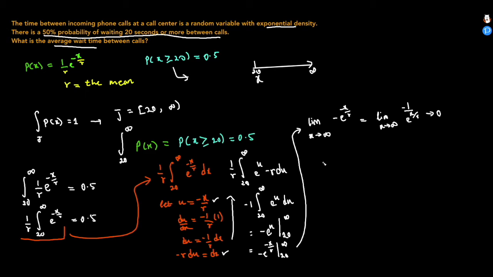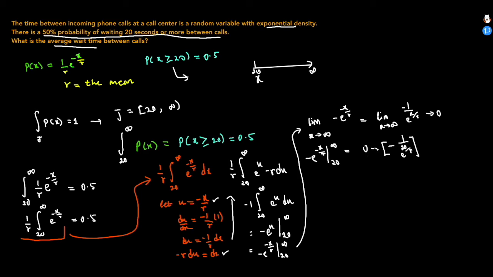And then next you need to evaluate the lower bound, minus e to the minus x over r evaluated at 20. Infinity is the upper bound, which is 0, minus 1 over e to the 20 over r.